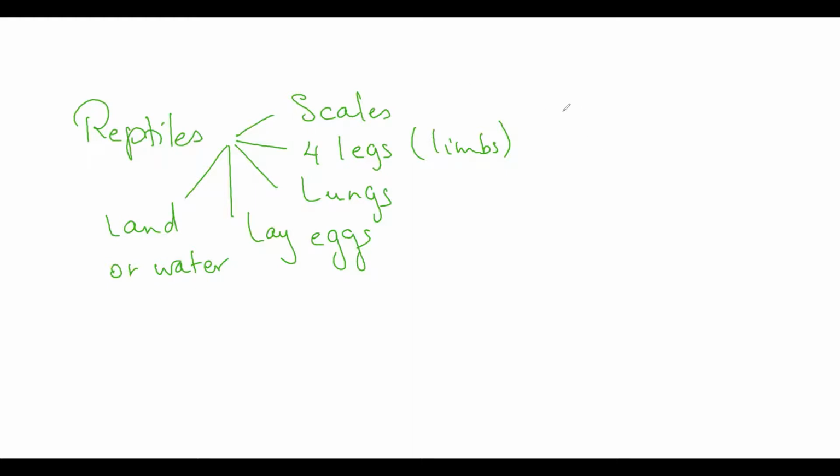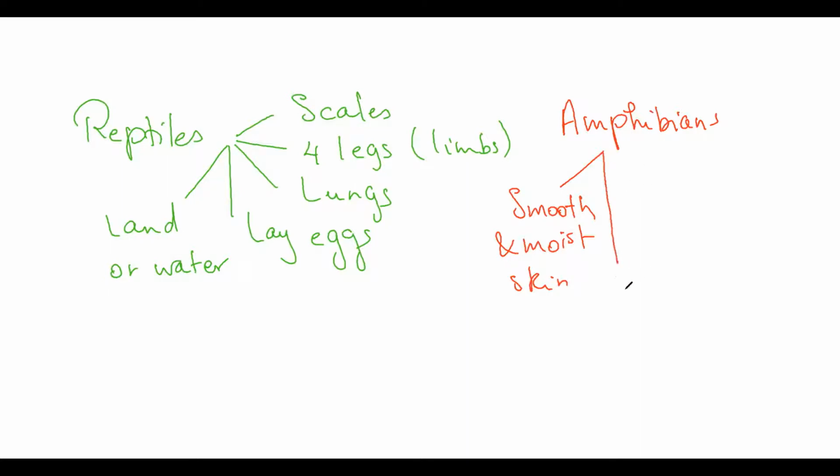class, amphibians. Amphibians, again, have certain characteristics where the skin is smooth and moist. They do not have scales, of course. The amphibians respire when they are young by gills, and when they are adults by lungs.